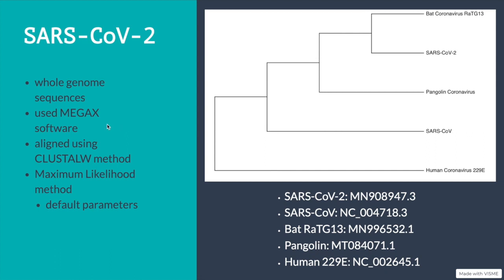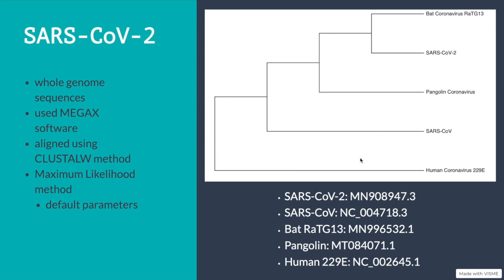I aligned the sequences using the ClustalW method, and the tree was made using the maximum likelihood method, and I just kept all the parameters in the default state. Here are the accession numbers for GenBank in case you want to look up the sequences yourself.